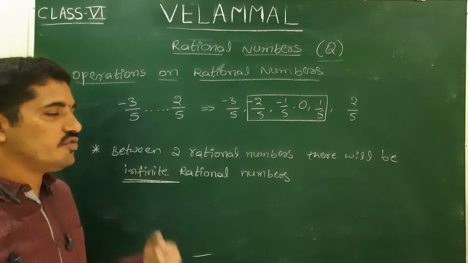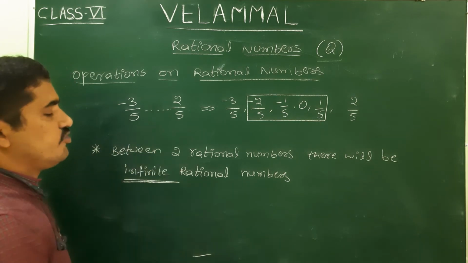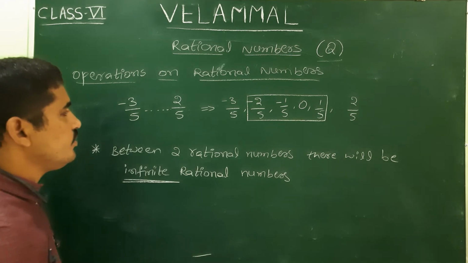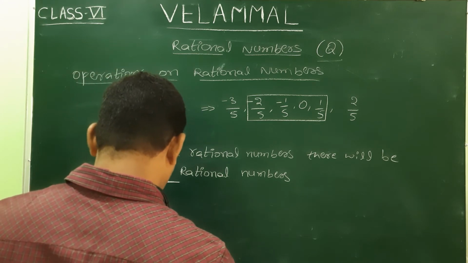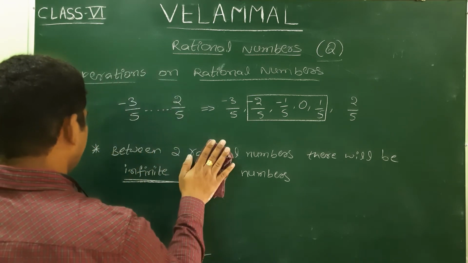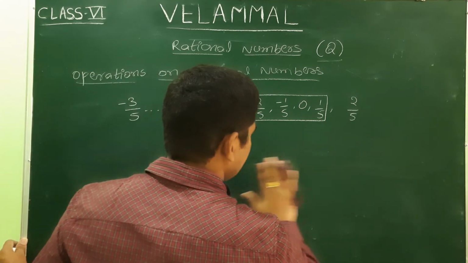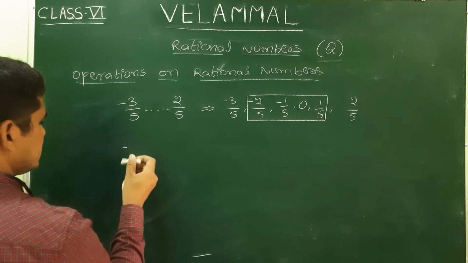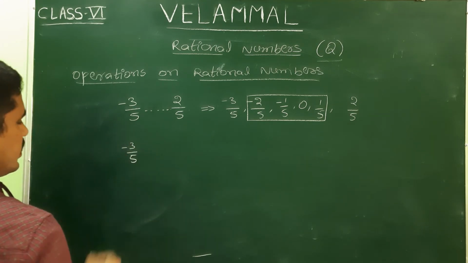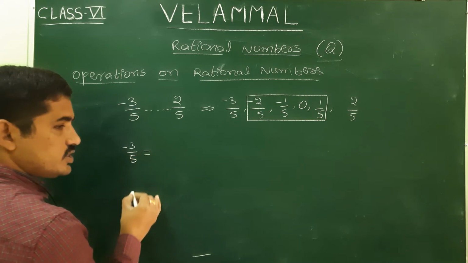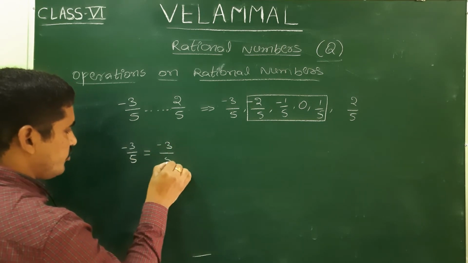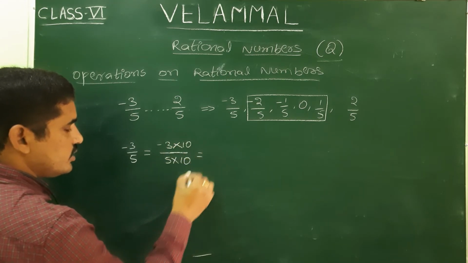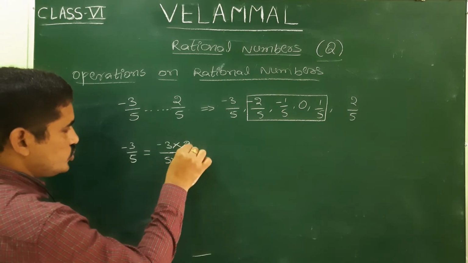Now we need to take infinite. For the two given rational numbers we can take the equivalent rational numbers. How will we take the equivalent rational numbers? See, minus 3 by 5, its equivalent rational number can be taken by multiplying the numerator and denominator with 2 and 2.